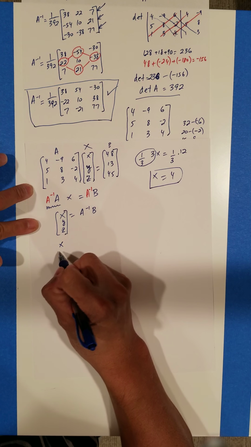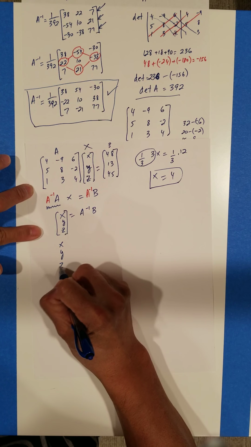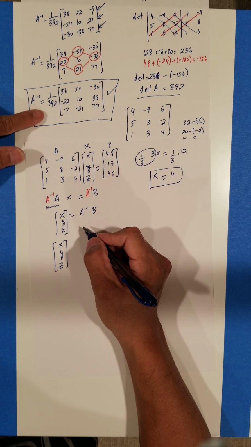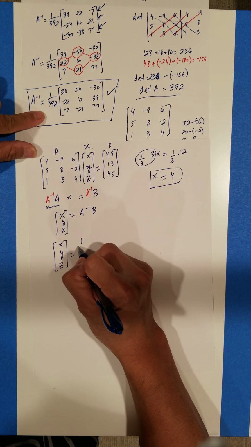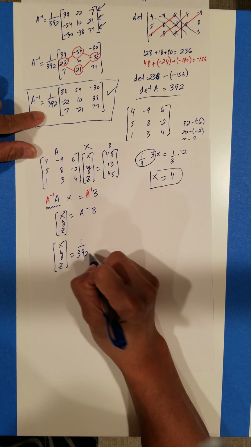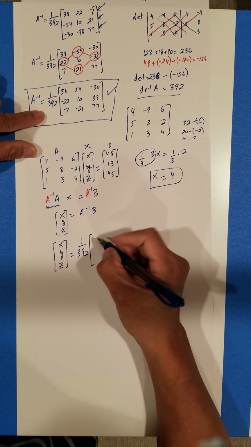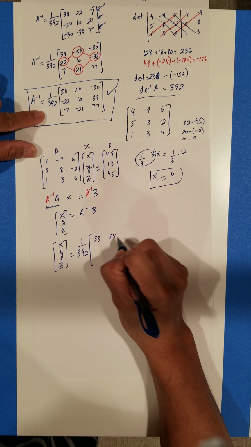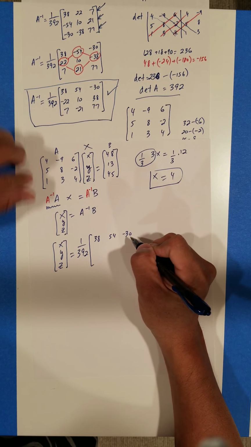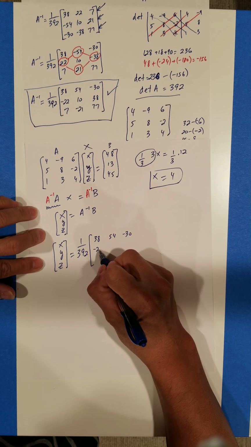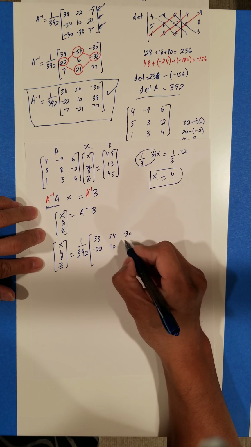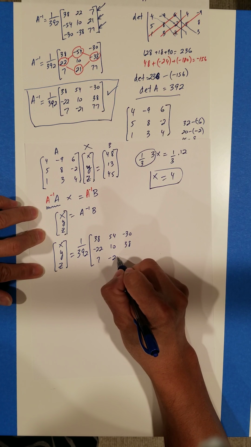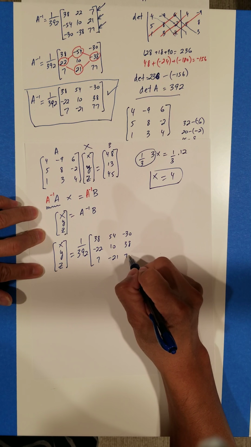So x, y, and z will equal the inverse, which I found earlier was 1/392 times 38, 54, negative 30, and negative 22, 10, and 38, 7, negative 21, and 77.